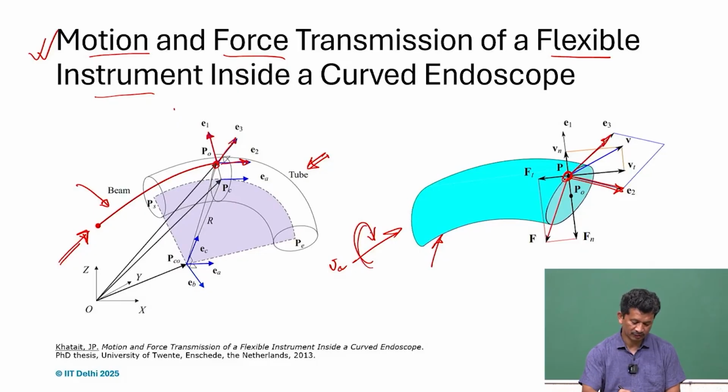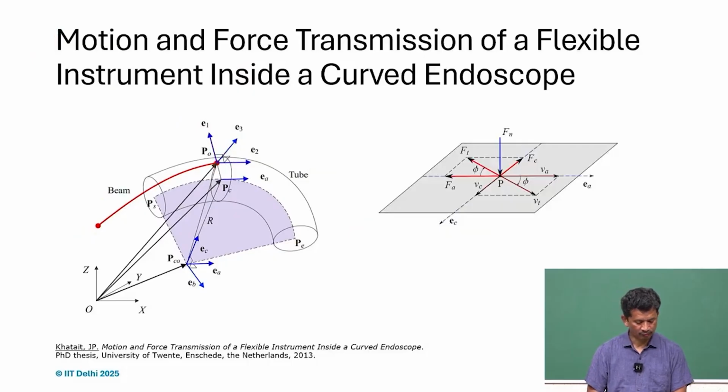Because of this, there will be circumferential motions and a normal one, Vn, and ultimately V and Vt defined. The friction force is opposite to the resultant slip velocity.